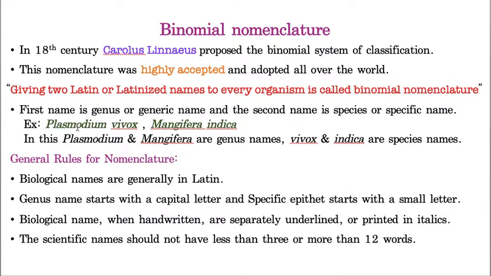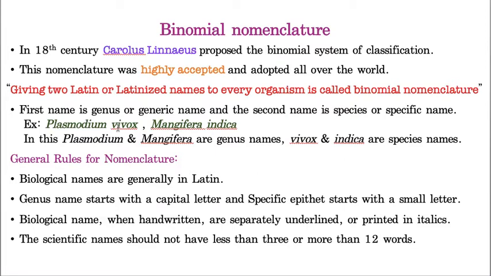But if I wrote this name with a pen on paper, then after writing Plasmodium vivax, I should underline Plasmodium separately, and vivax I have to underline separately. So this is how you need to write binomial nomenclature names by hand.